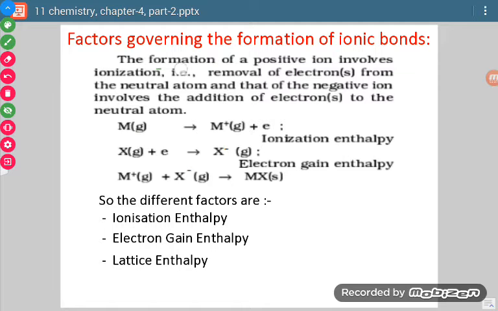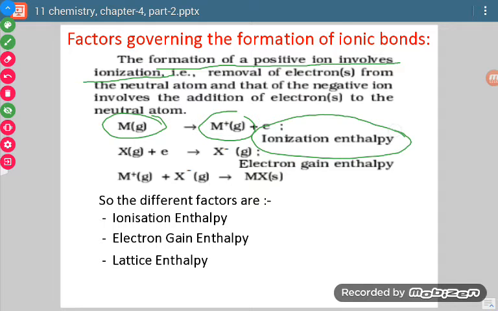Now the formation of positive ion involves ionization. When we have this neutral atom and this positive ion is formed, it means there is loss of electron from a neutral atom, and according to the definition of ionization enthalpy, this process involves ionization enthalpy.